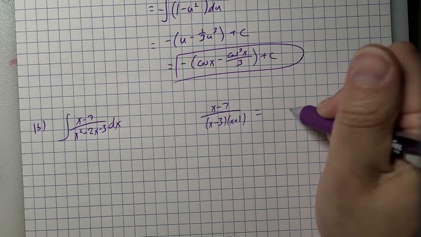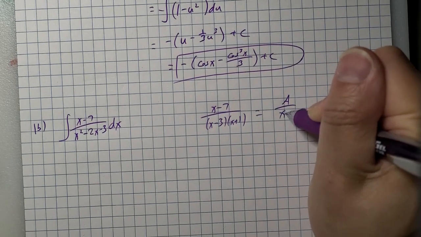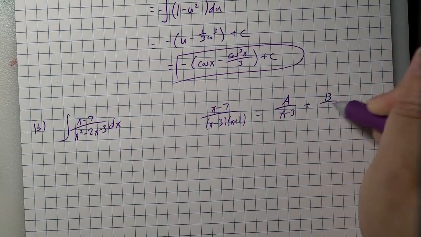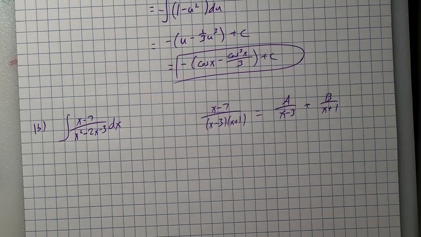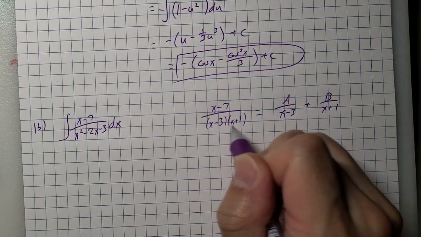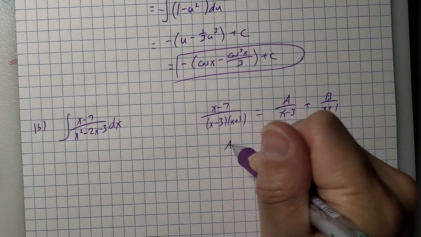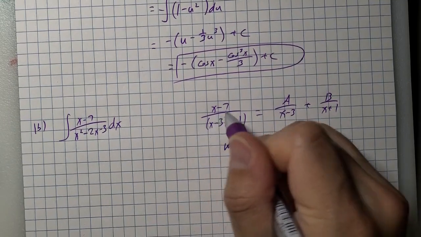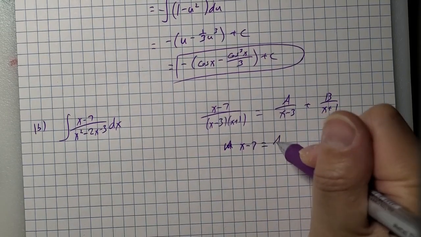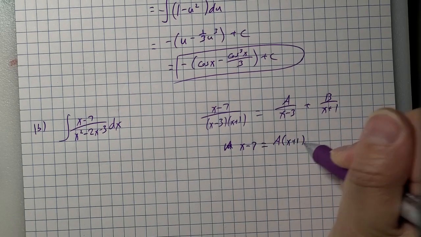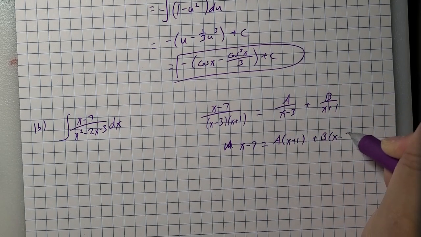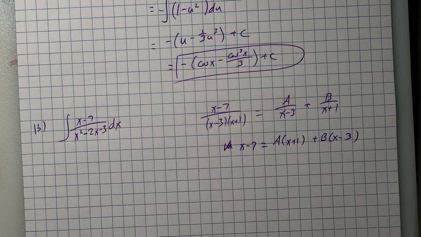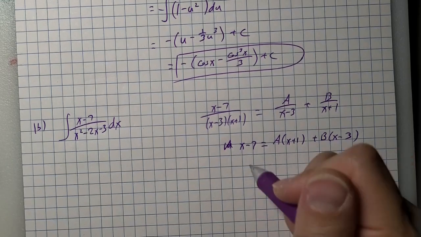Okay, so we break it out into partial fractions. It'll be A over x minus 3 plus B over x plus 1. Okay? Multiply both sides by this denominator, so we'll get x minus 7 is A times x plus 1 plus B times x minus 3. We got that. Okay? Now we want to solve for A and B.